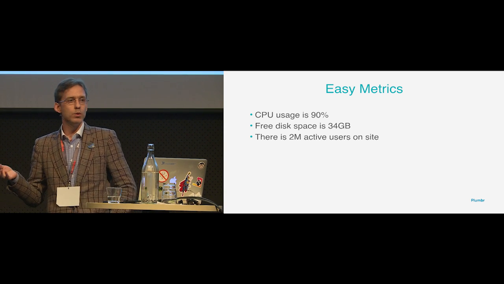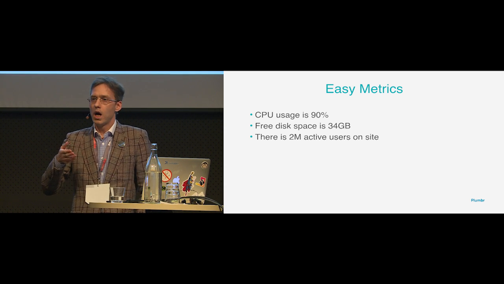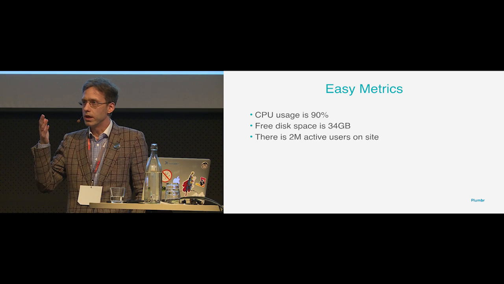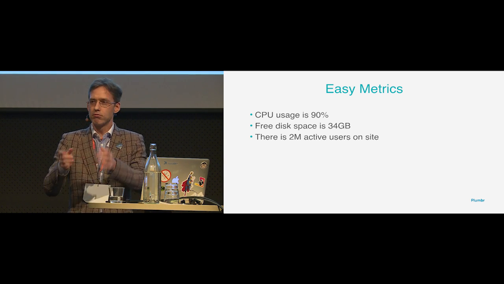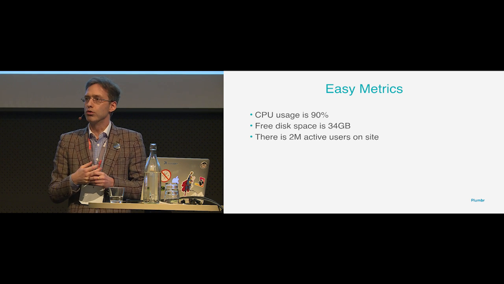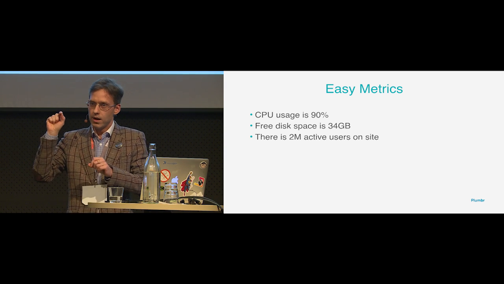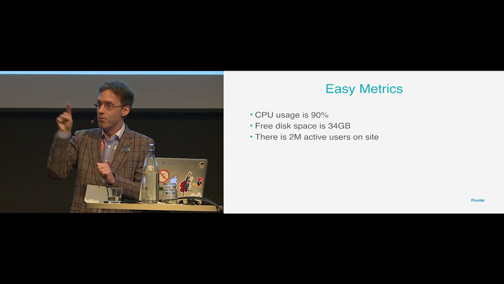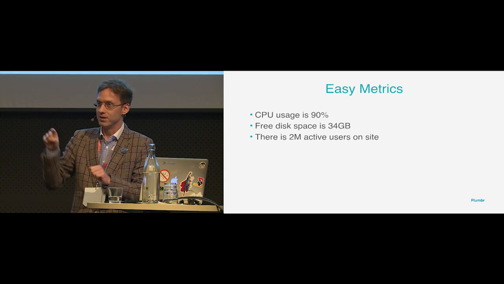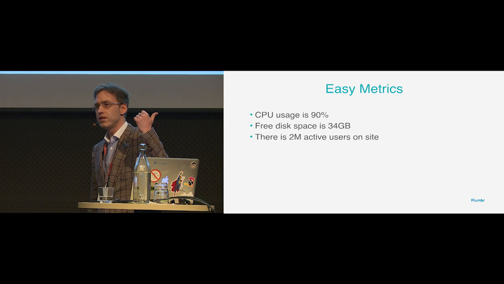I do remember when we started the blog on our website, the technical writer who wrote the blog was quite addicted. He hit the publish button, and then he went to Google Analytics to see how many users on the site were reading that blog. That's quite addictive. So, 2 million active users on the site. Is it good or is it bad?